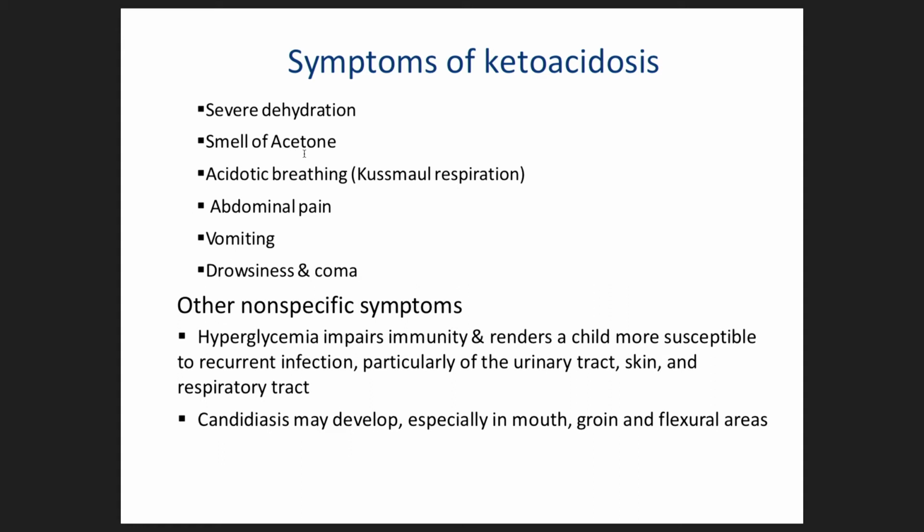Because the body could not utilize the glucose for energy production, so the body starts to break down fatty acids to produce acetone, because acetone is the second source of energy. The patient will have a smell of acetone, and ketone body formation leads to metabolic acidosis.